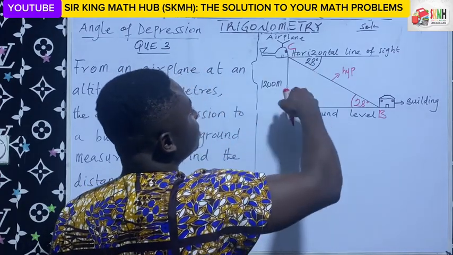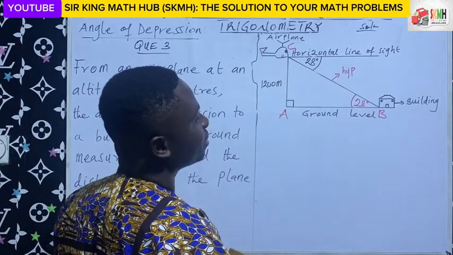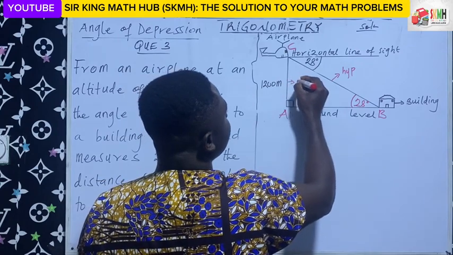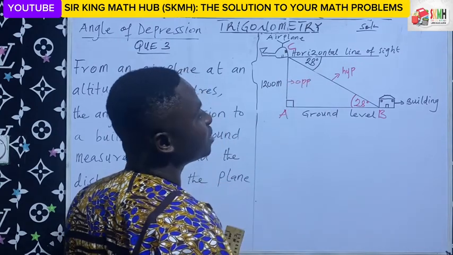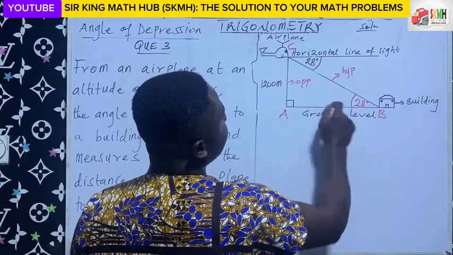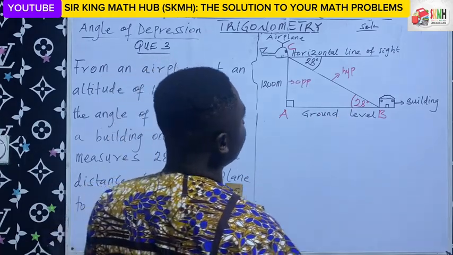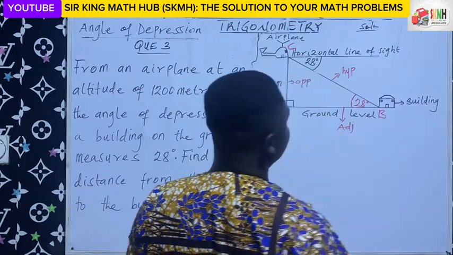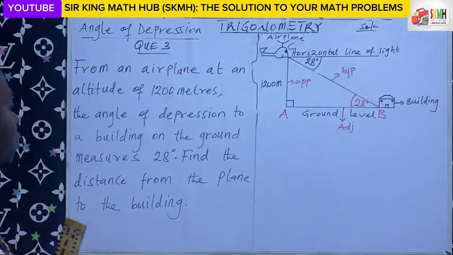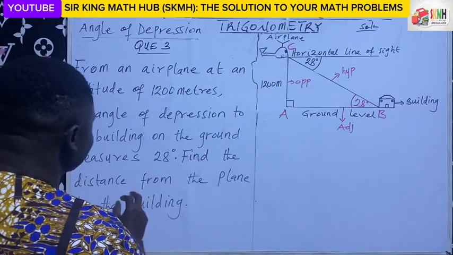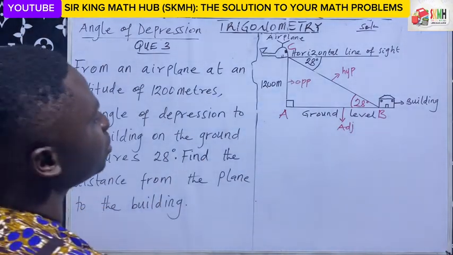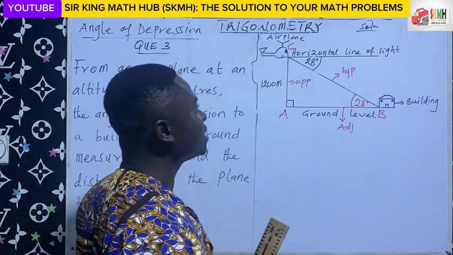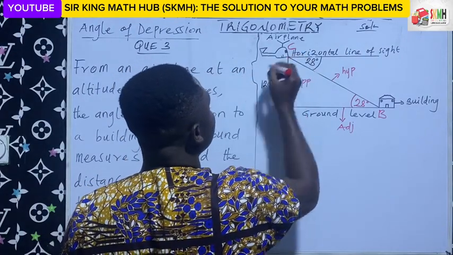Now, the line representing the altitude of the airplane, that is line AC, will also be the opposite, simply because it is the side facing the acute angle. Then obviously the remaining side will be the adjacent. So now we have to find the distance from the plane to the building. So which line represents the distance from the plane to the building? So where is the plane? This is the plane.